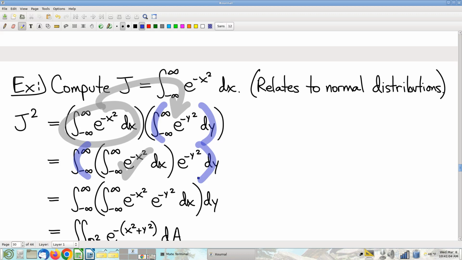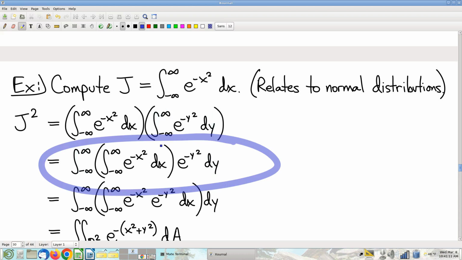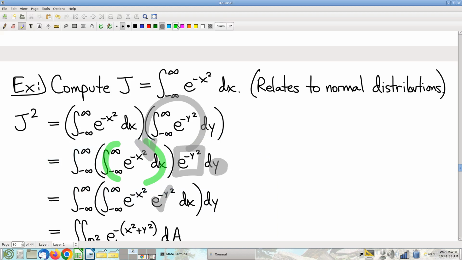Right? And then, having done that, now let's look at what we have here. Notice we have an integral inside of an integral. Remember that means that for the purposes of the inside integral, the dx integral, y is a constant, which means that e to the negative y squared is a constant, which means I can whip that inside of the dx integral.